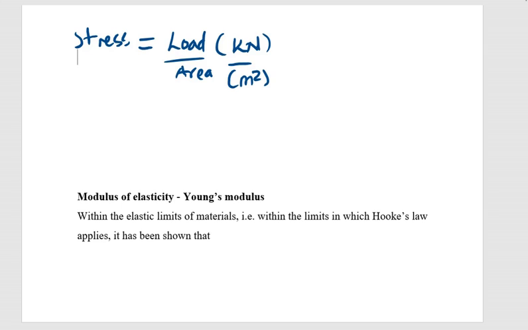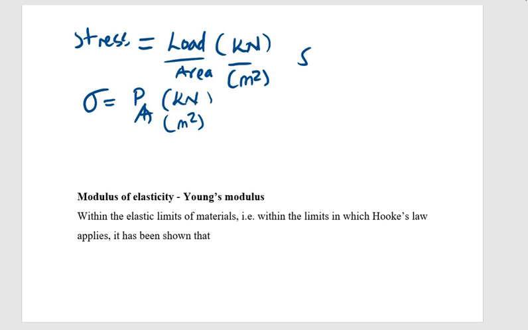Therefore, this stress sigma will equal, if the force is P and the area of cross section is A, then sigma, which is stress, will equal force P over area. This is in maybe kilonewton. This one is in square meters.